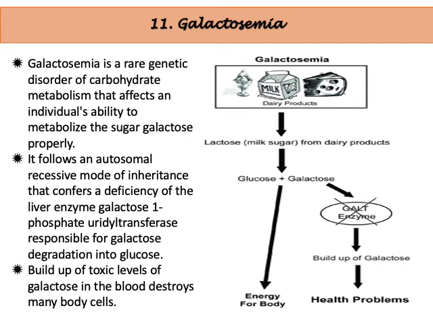The galactose needs the liver enzyme so it breaks down into another glucose so that the body can use it for energy. But in galactosemia, the absence of the liver enzyme will prevent conversion of galactose into glucose. There is a buildup of toxic levels of galactose in the blood, and it destroys many body cells.